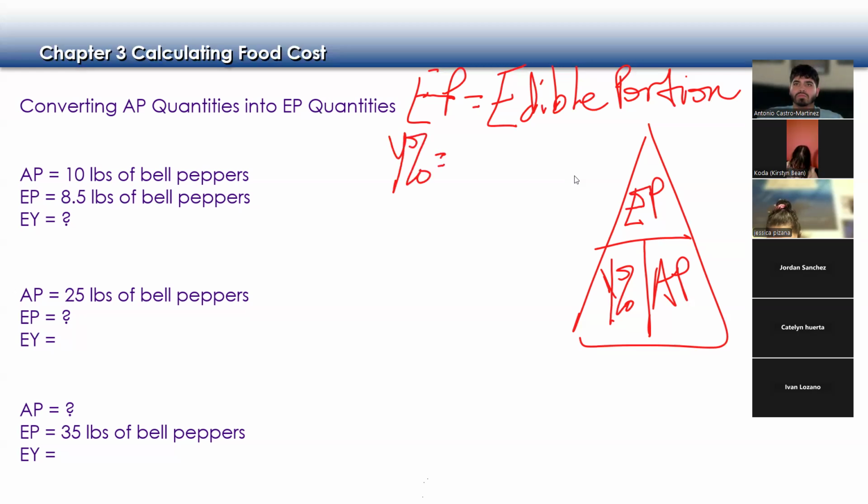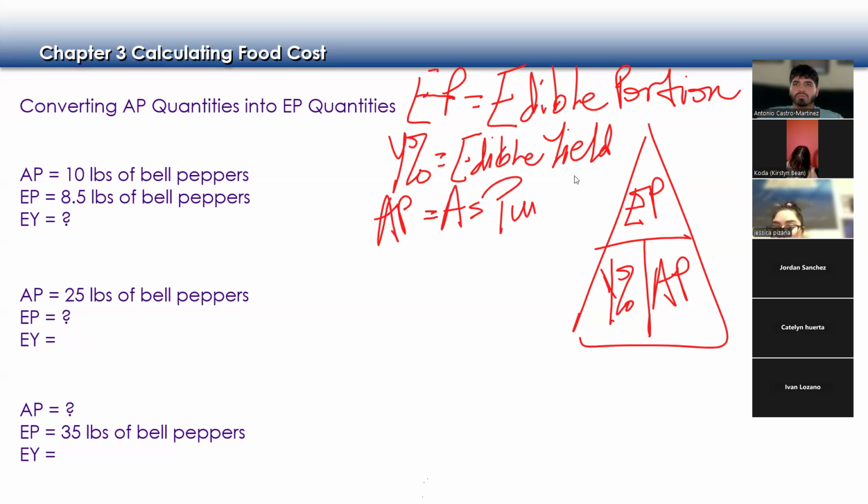Y percentage is equal to the edible yield. And then AP is equal to as purchased. Edible portion, edible yield, and as purchased.